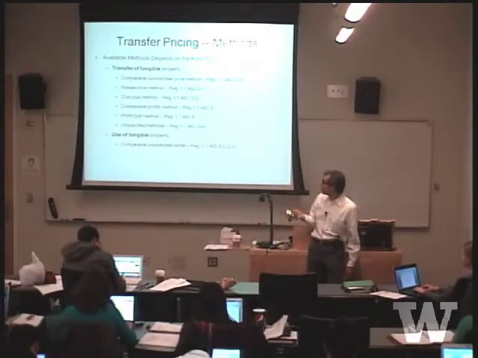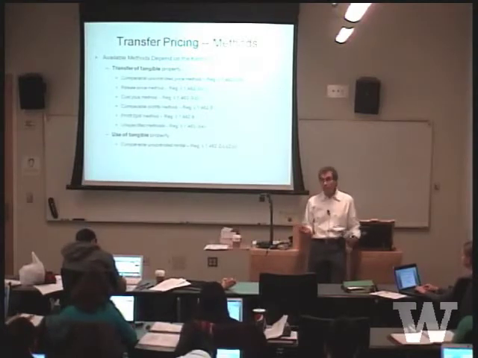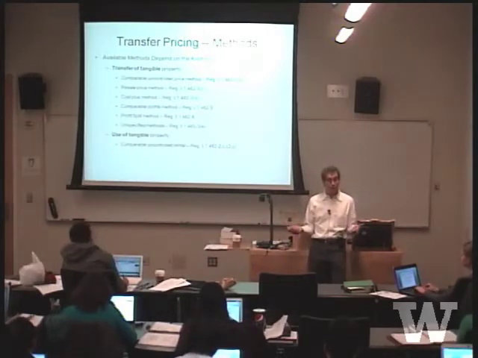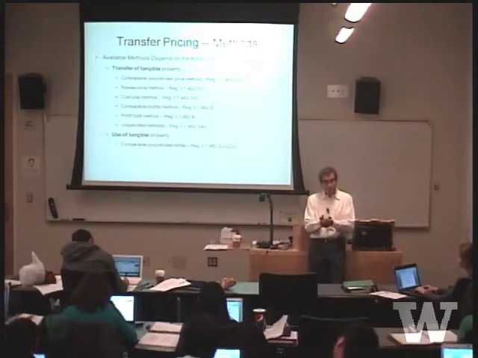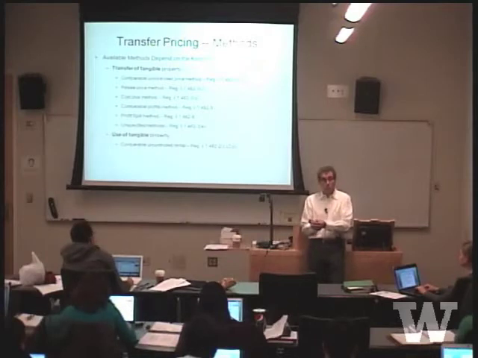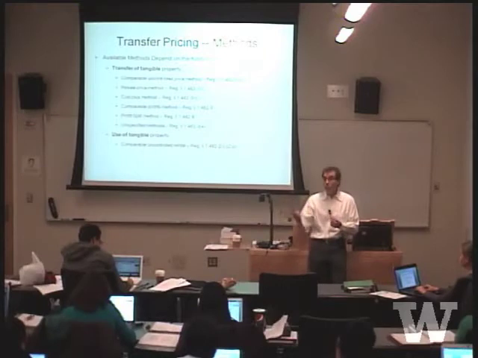And your comparable uncontrolled price method, again, economically: can you find another transaction where the same product is sufficiently comparable to your product transaction, your controlled sale? Can you find an uncontrolled one somewhere that's close enough where you can say, okay, I should use the same price?